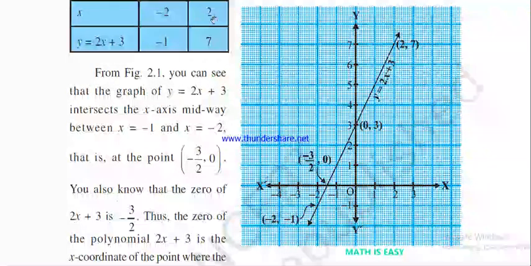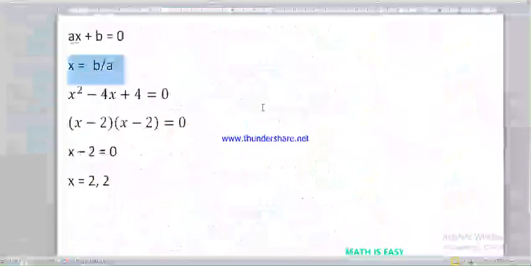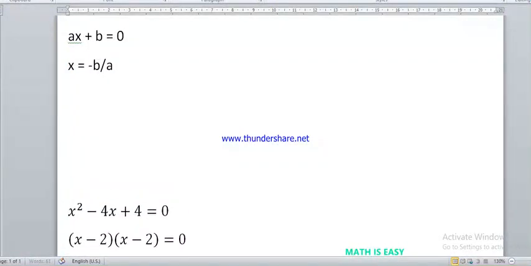If I take different values of x, I get different values of y. Then I represent on the graph. Here y equals 2x plus 3, let me simplify this one. 2x plus 3 is the polynomial which we consider. 2x plus 3 equals 0.